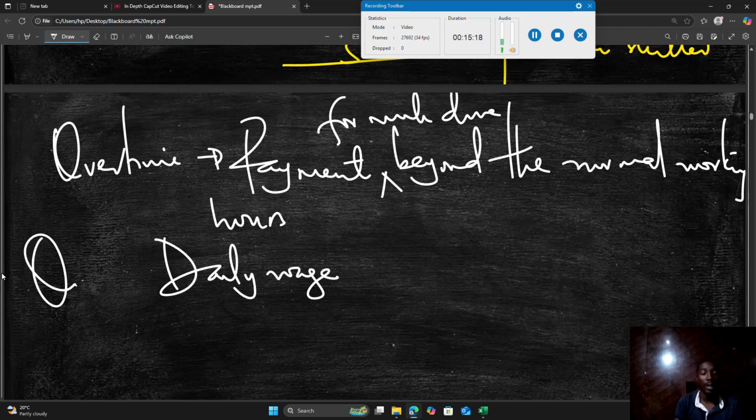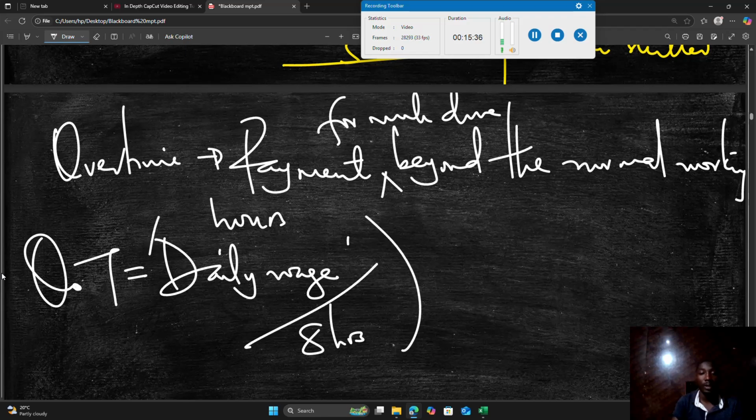Usually, if we arrive at the daily wage, overtime will be valued based on the daily wage divided by 8 hours to get the rate per hour. Usually it is compensating them and motivating them to keep going, because it is past their normal day.